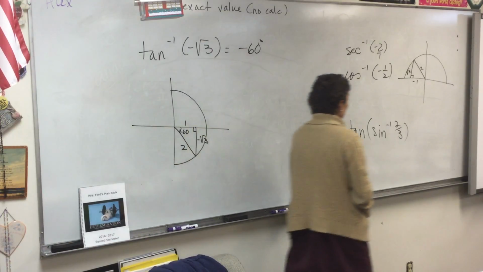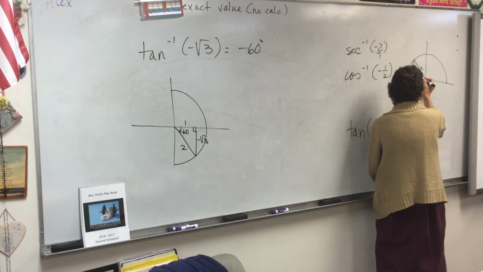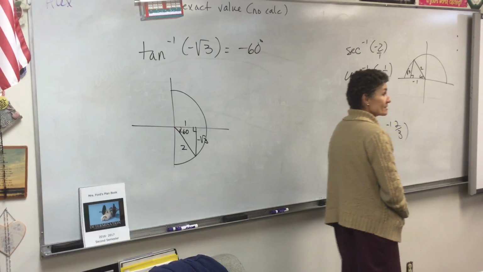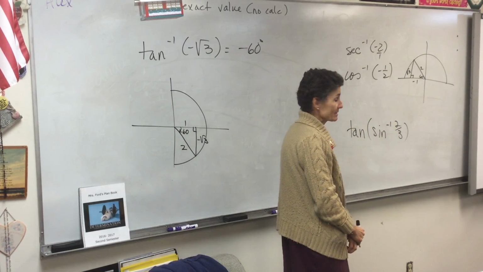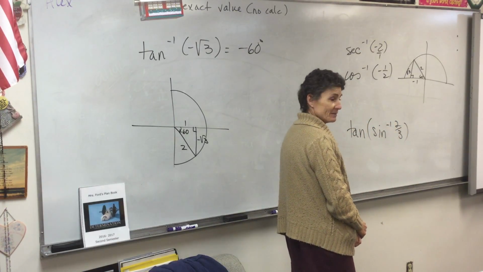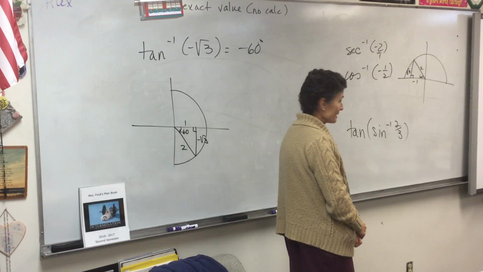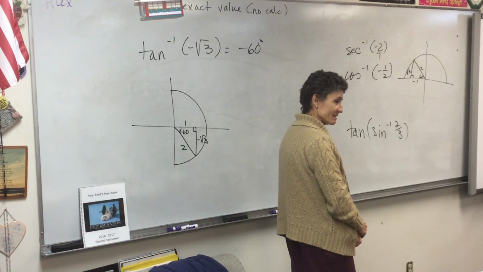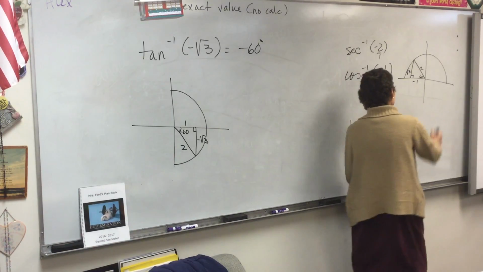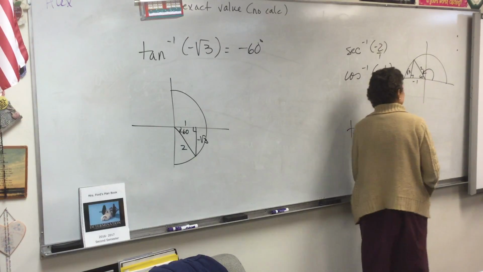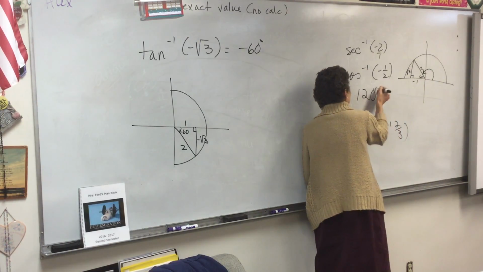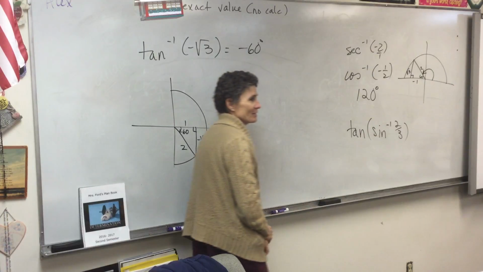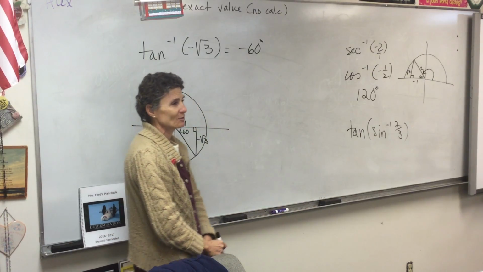How big's my angle right here? Tell me what the answer to the question is. Not 60. Not 150. Not 130. Not -60. 120. 120! There we go! There you go, Patty. There's the answer to the question. It's 120 degrees.